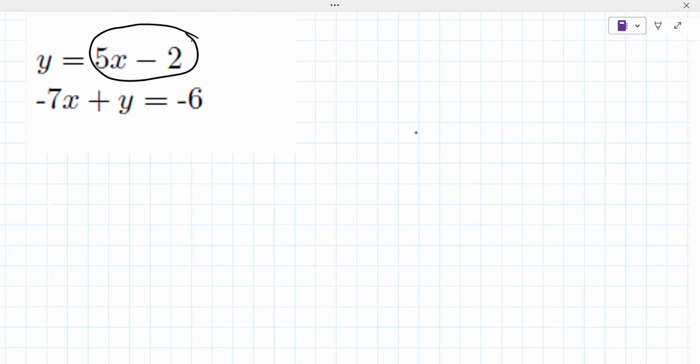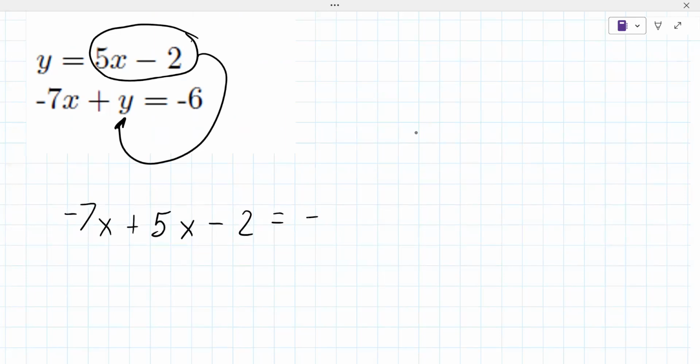And so that's going to go in the other equation for y. So it's minus 7x plus 5x minus 2 equals minus 6.